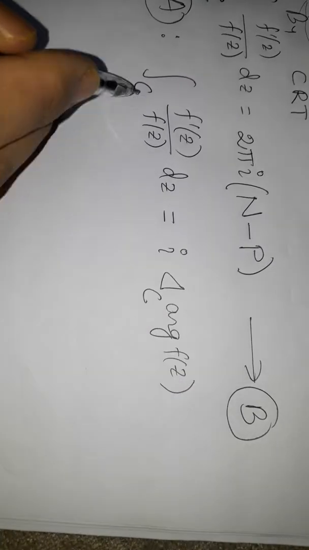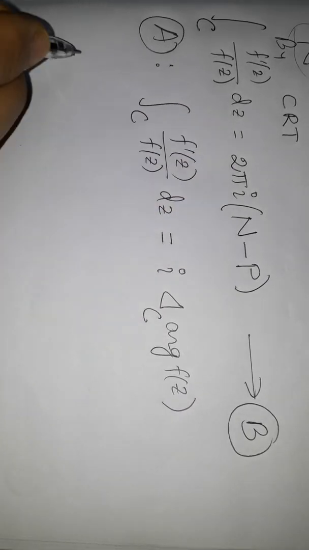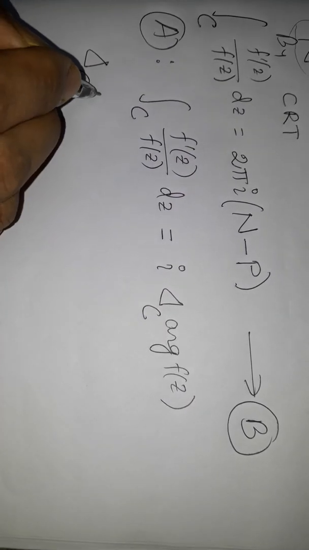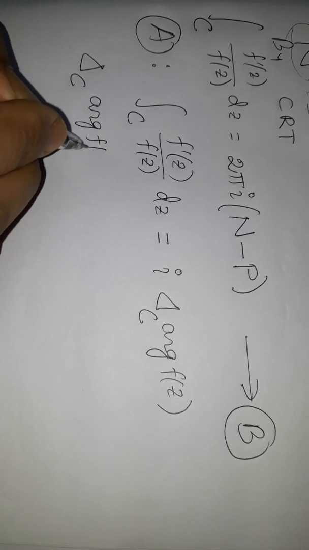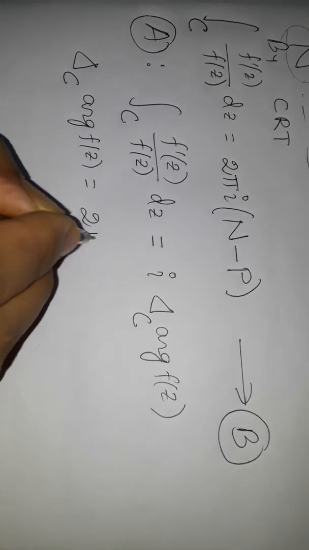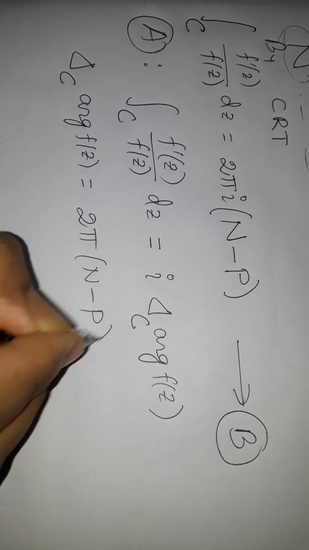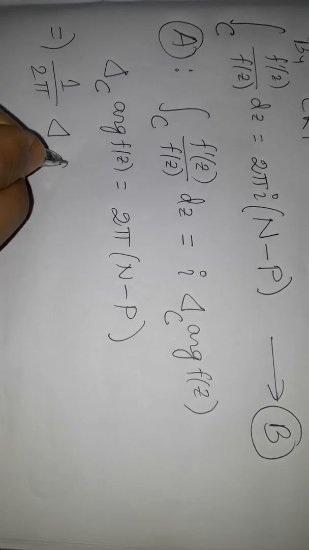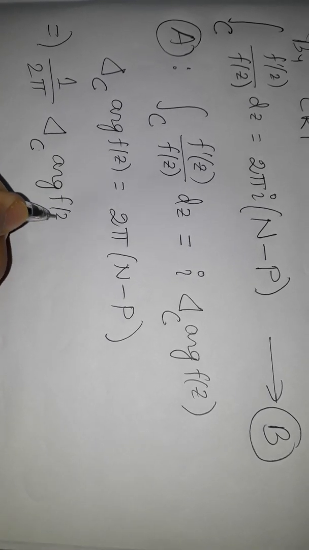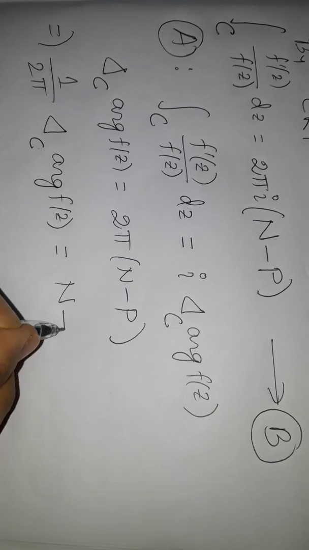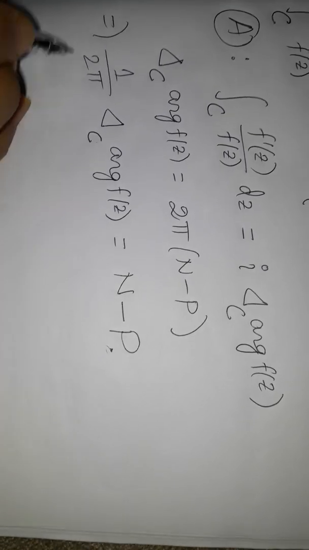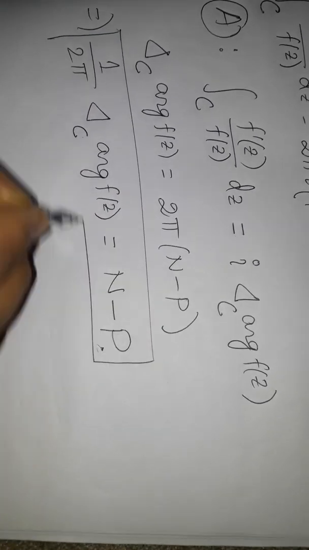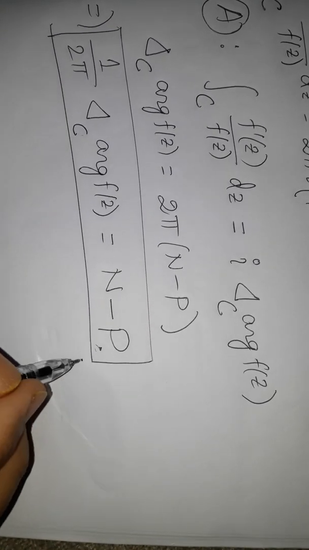So from a and b, if you equate, then you see that i cancels out, so the difference of argument of f z is equal to twice pi times n minus p, and that implies 1 by twice pi times the difference of arguments of f z is equal to n minus p. So this is the statement of the argument principle. Okay, so that's all. Thank you.